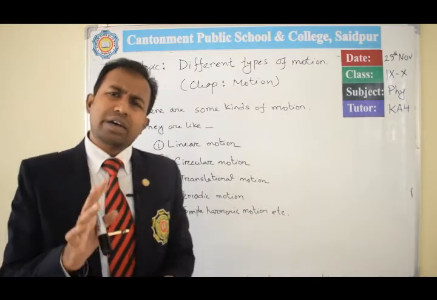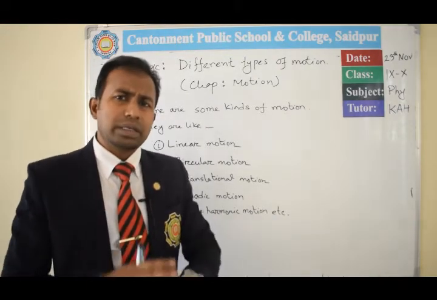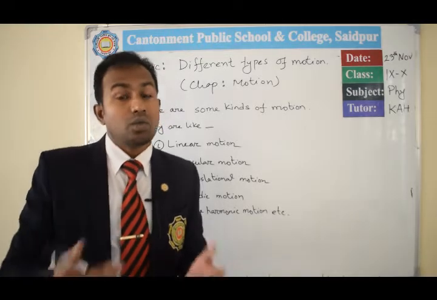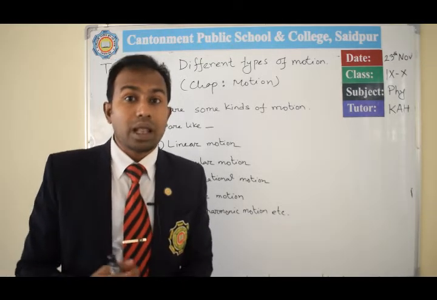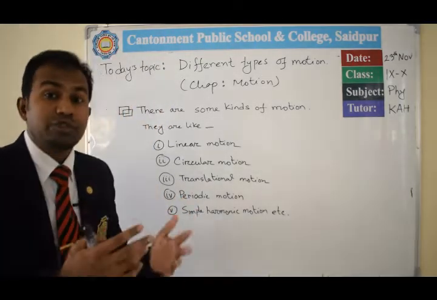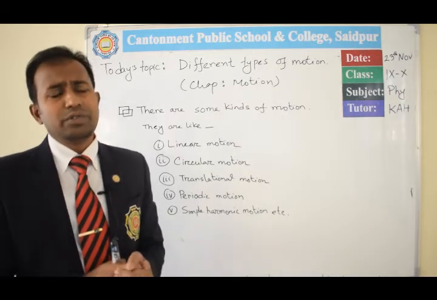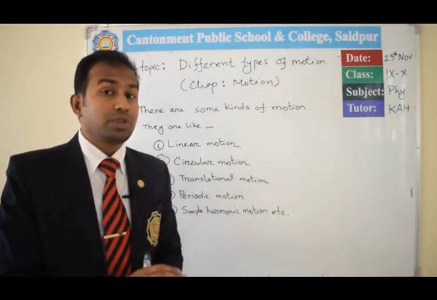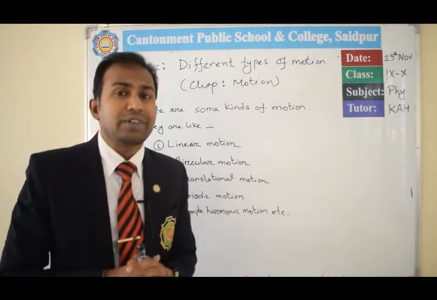Have you ever seen the needle of a hand watch, or the needle of a clock on the wall, or a car moving? Everywhere, if we think about what kinds of motion there are, we can find the differences.